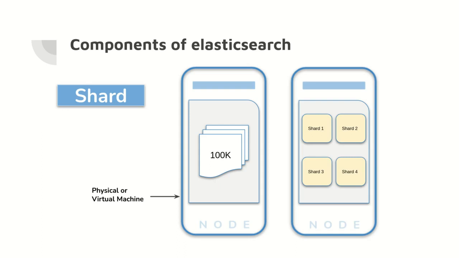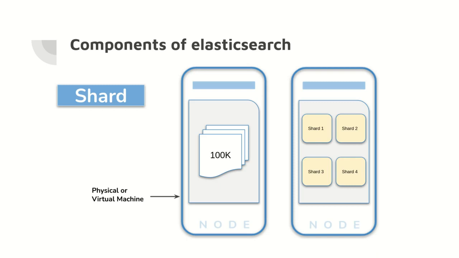Here we have divided our index into 4 shards, and this number of shards can be defined when you are creating the index. It may be 1, 2, 3, 4, whatever number of shards you want, and each and every shard will have the same properties as the index, only the shard will contain fewer documents.